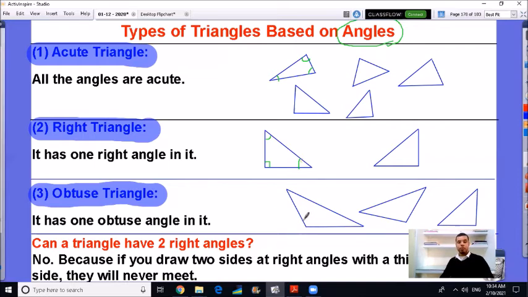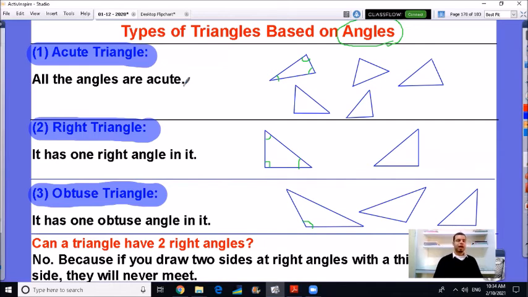If it has only one obtuse angle, then it is called an obtuse triangle. If the other two are acute, the other two are always going to be acute, and only one is going to be obtuse, so it's an obtuse triangle. And only one is right, then it's a right triangle. All of them are acute, no right, no obtuse, so it's an acute triangle.